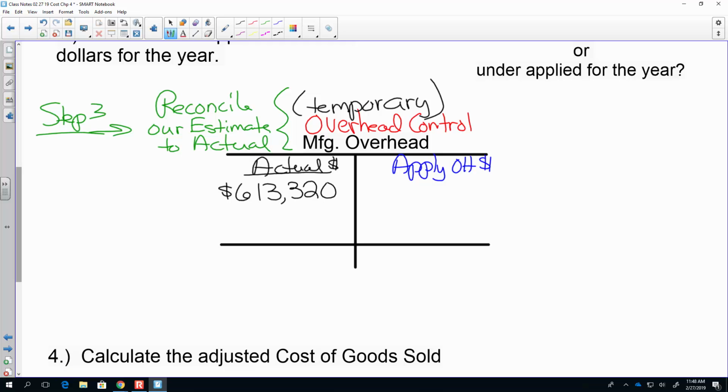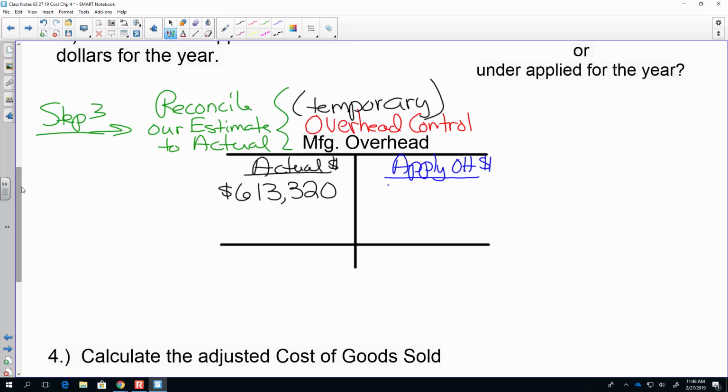So I'm debiting WIP, job number 1, job number 2, for every labor hour incurred on that job. And I'm crediting my manufacturing overhead control.